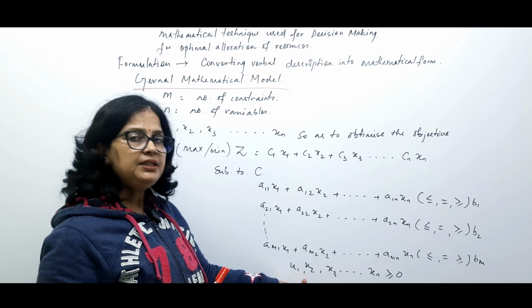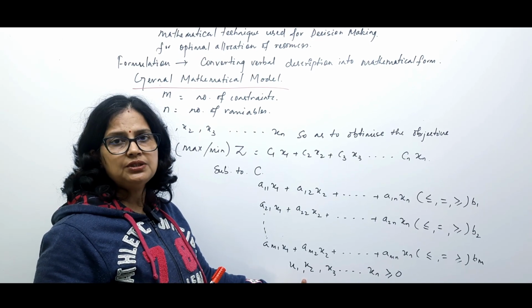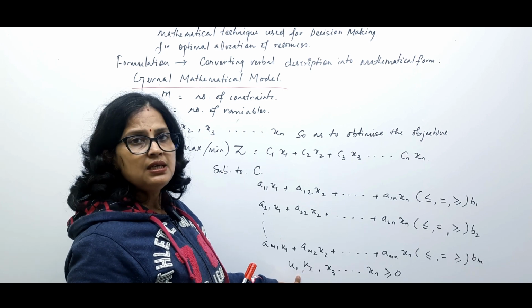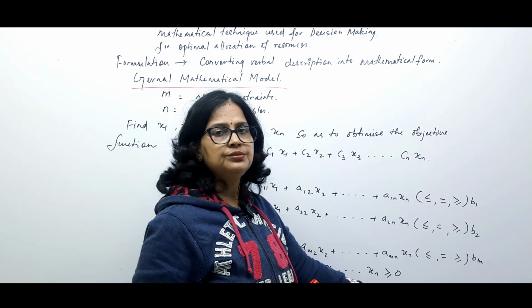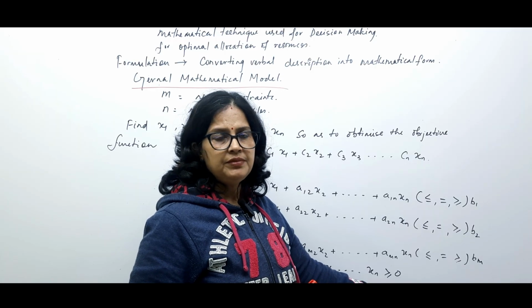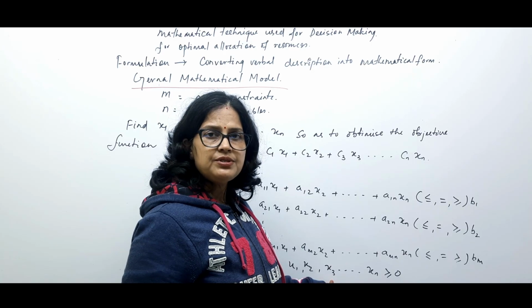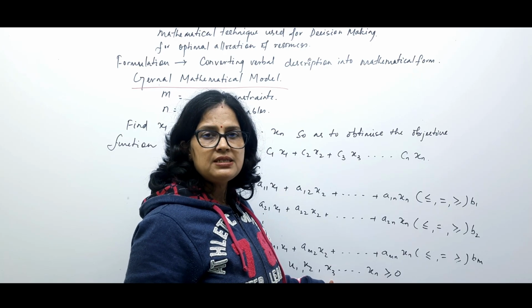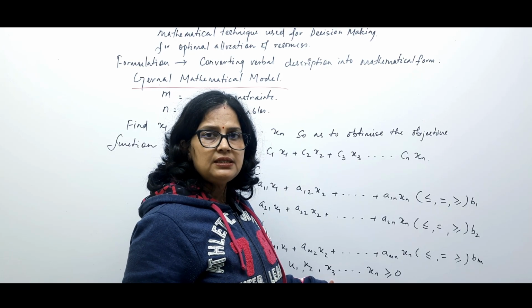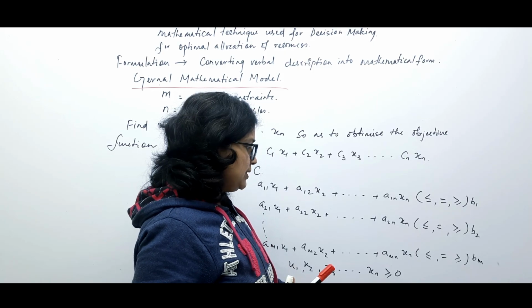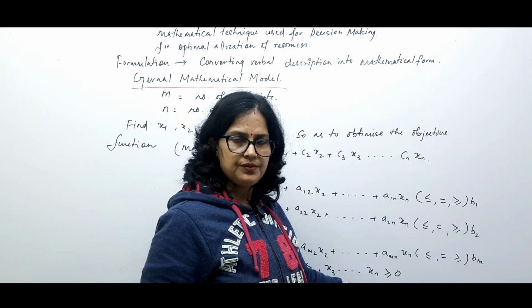We need to express the variables as greater than or equal to 0, because x1, x2, x3 may be things we are producing or manufacturing. So how can it be 0? So it is always greater than or equal to 0.